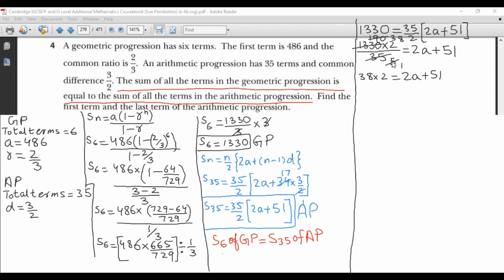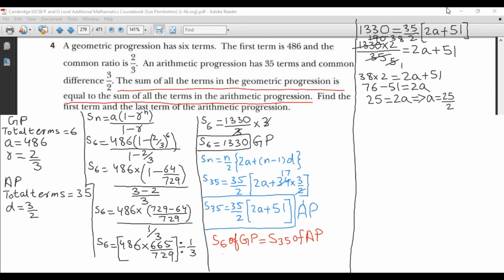So simplifying it, 38 into 2 is 76, 76 minus 51 equals 2A. So 76 minus 51, 25 equals 2A. When we simplify it further, 2 will be shifted to the denominator, and we will be getting A equals 25 over 2.